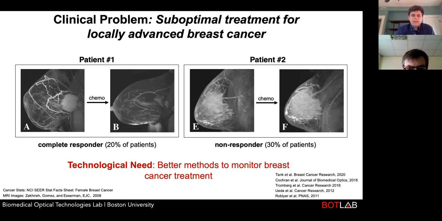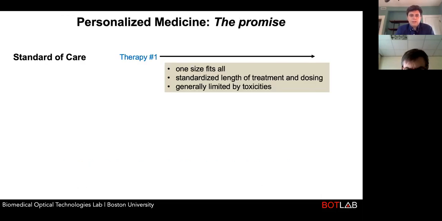If we could identify who's responding and who's not early during treatment, that gives us a lot of opportunities in terms of clinical care. So the standard dogma, the standard of care for cancer and many other diseases is to give a one-size-fits-all therapy.